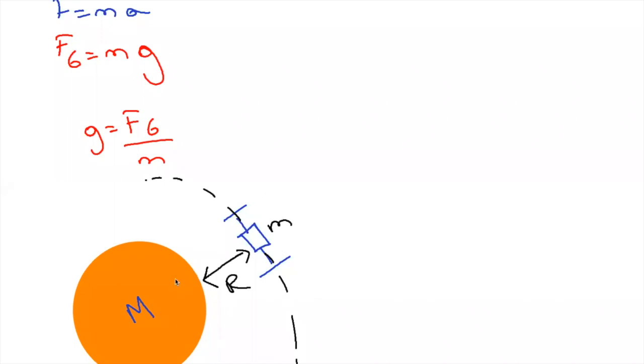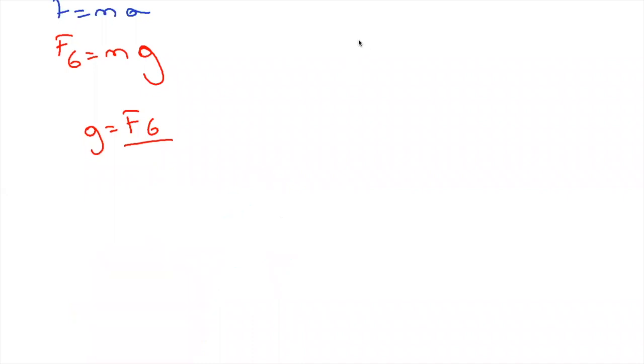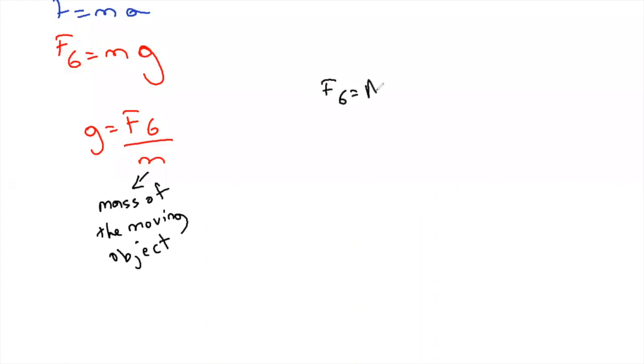And that's why it's going to be the other M. Now, let's remove this and let's write it down. We're going to specify that this M is the small mass, the mass of the moving object. So don't forget it. Now, I have the formula Fg is equal to mMg over r squared.